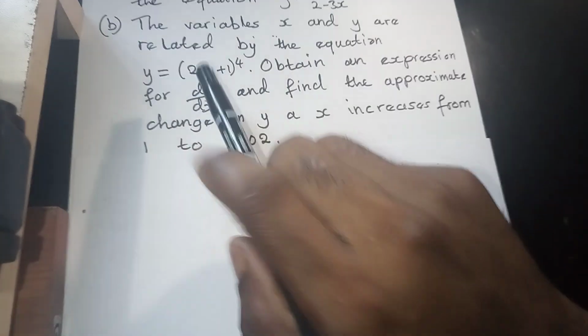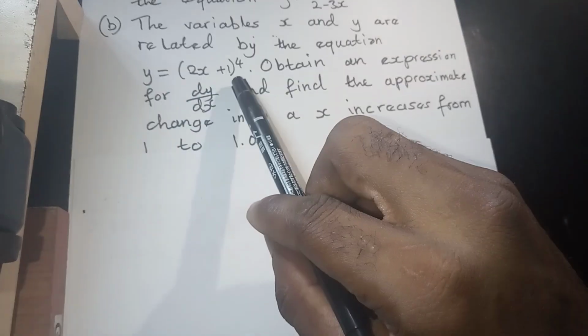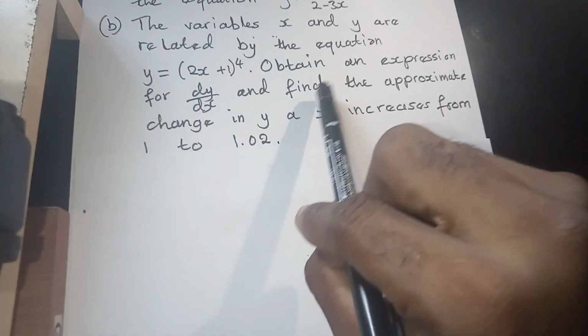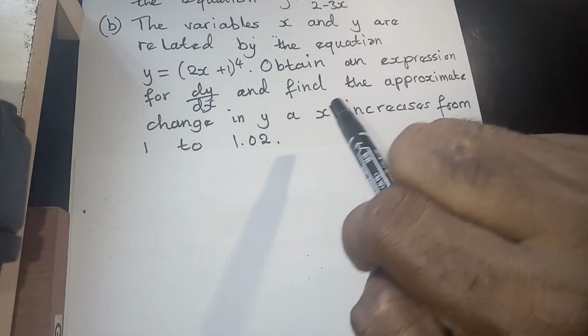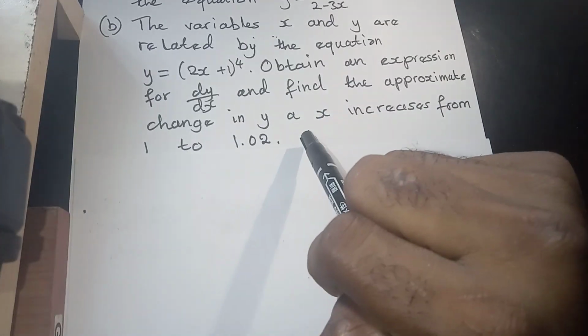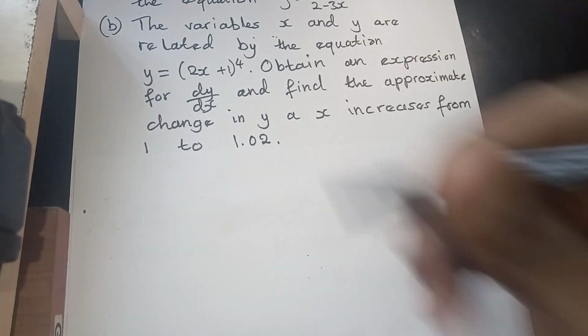On part B, the variables x and y are related by the equation this. Obtain an expression for dy/dx and find the approximate change in y as x increases from 1 to 1.01. I think I meant to say and.